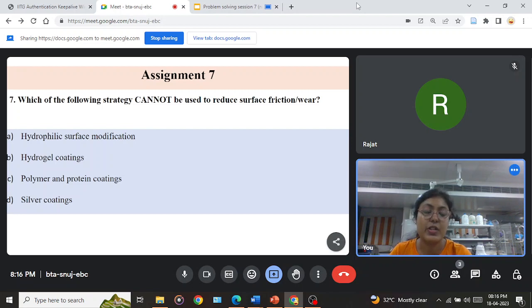Option A is hydrophilic surface modification, B is hydrogel coatings, C is polymer and protein coatings, and D is silver coatings. We have to detect the option which is incorrect and cannot be used as a method to reduce the surface friction or wear caused by the implant.